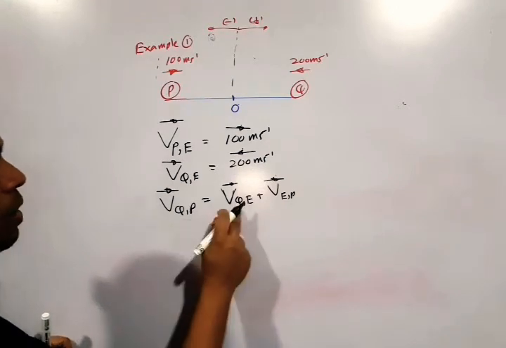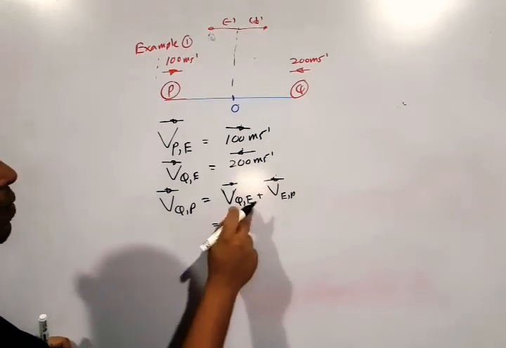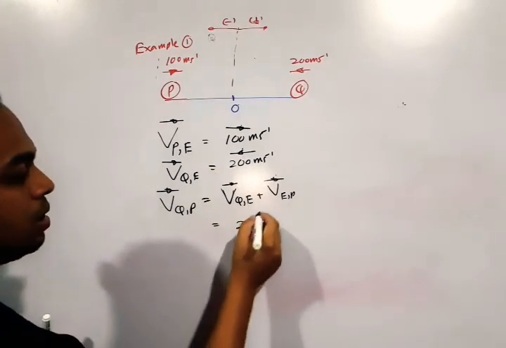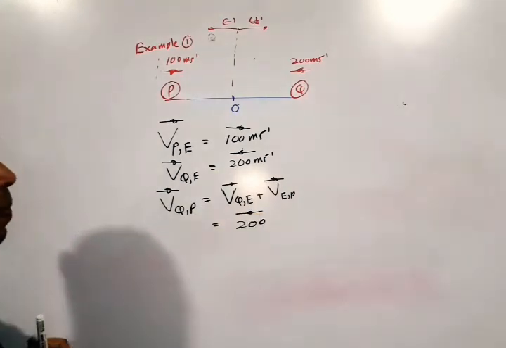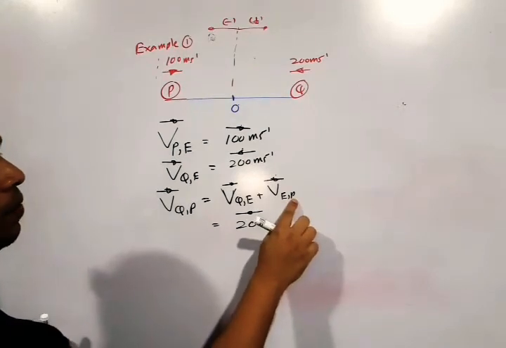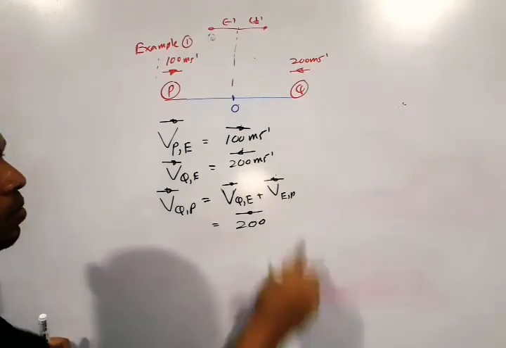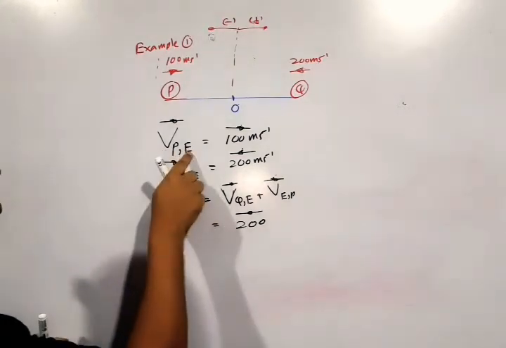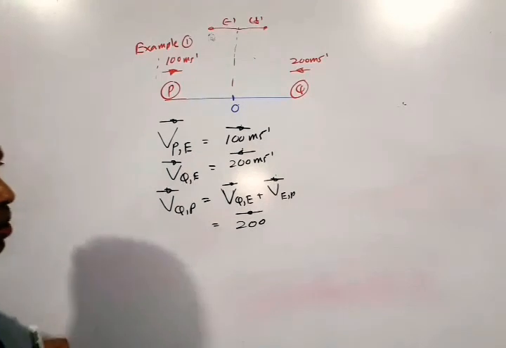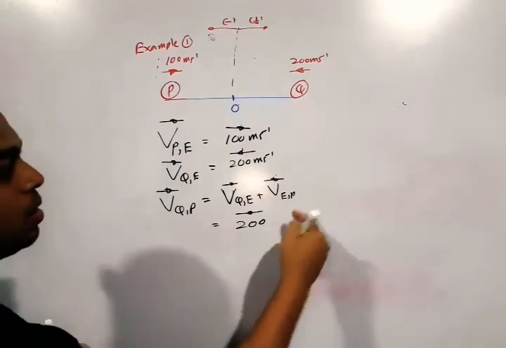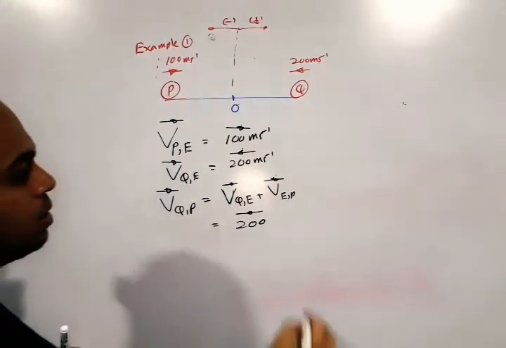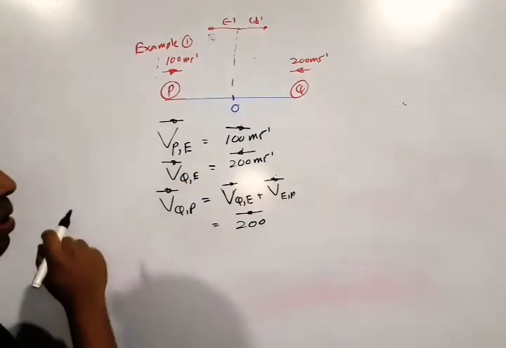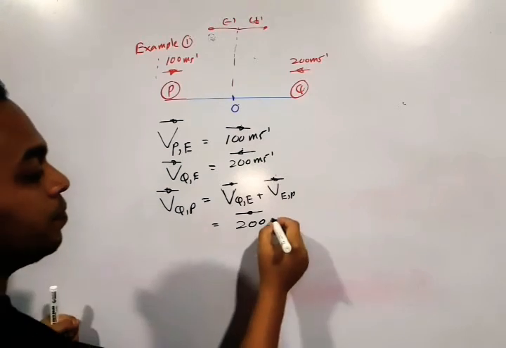Now V_QE is 200 meters per second in this direction. And V_EP, what is Earth with respect to particle P? Since particle P with respect to Earth is moving in this direction at 100 meters per second, the Earth is moving in the opposite direction with respect to P. I know it doesn't make any sense, but this is how relativity works.